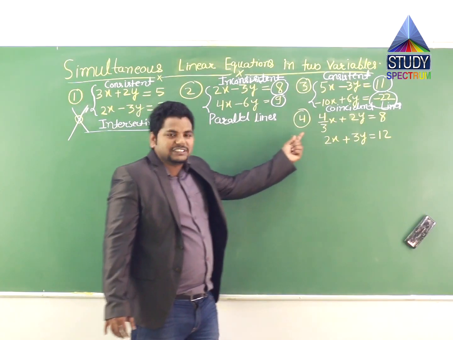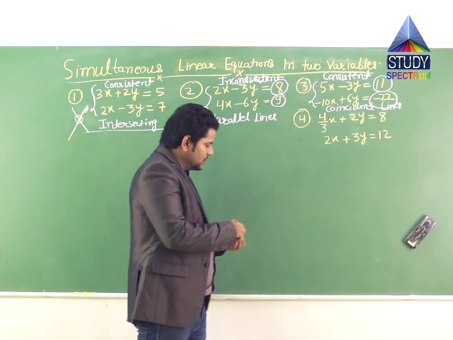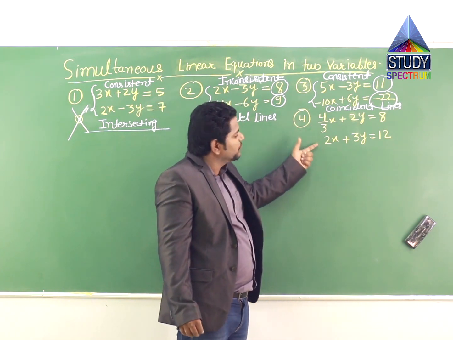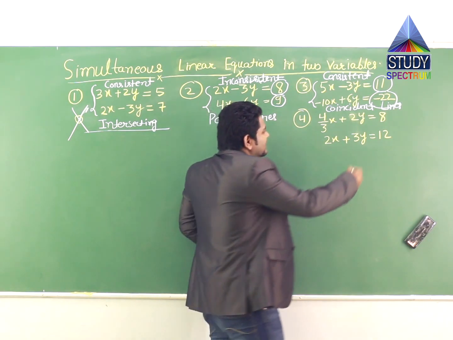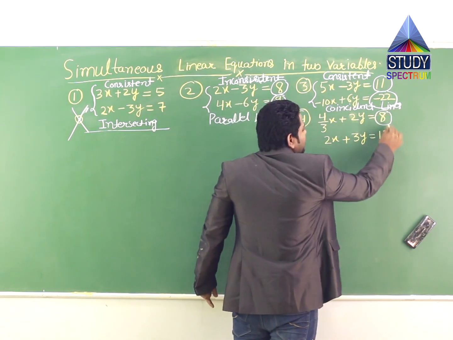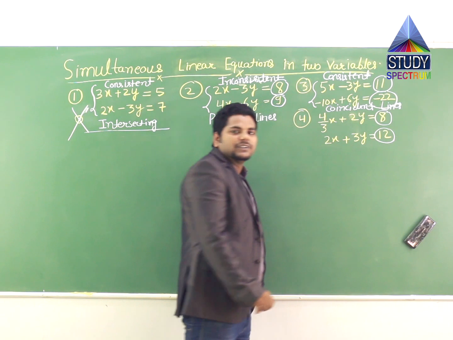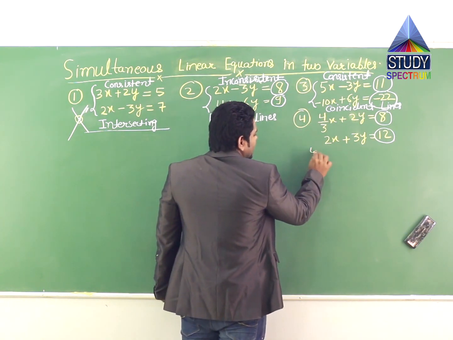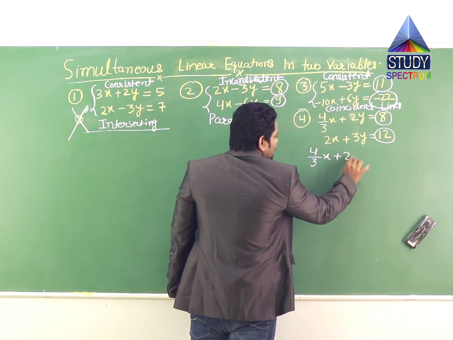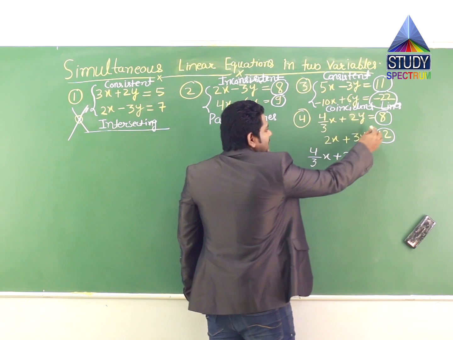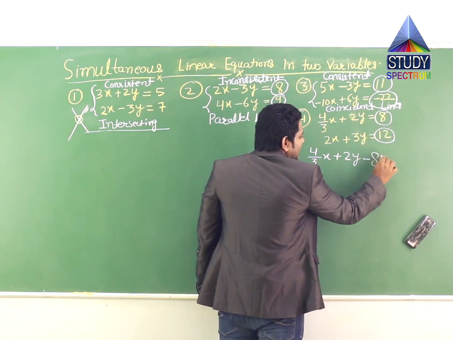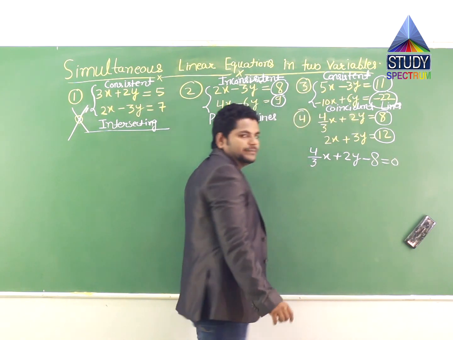Now come to question number 4. In this case, if you observe, the right hand side is not 0, so we'll make it 0 first of all. This equation can be rewritten as 4 by 3x plus 2y, 8 will come on the left hand side, so it becomes minus 8 equal to 0.